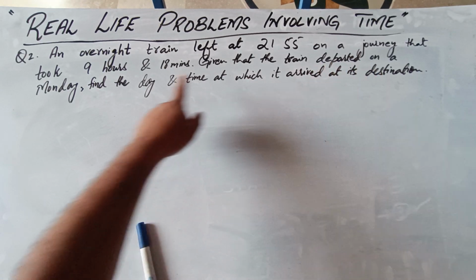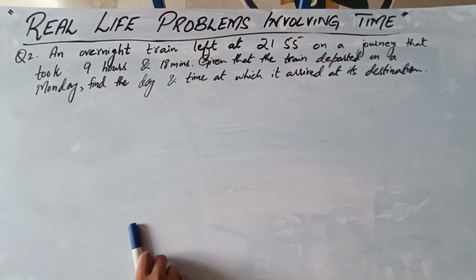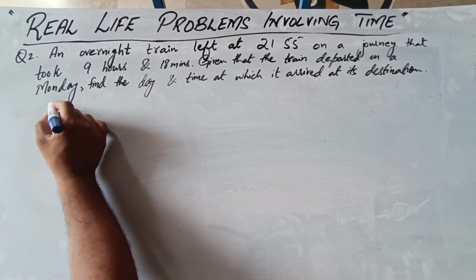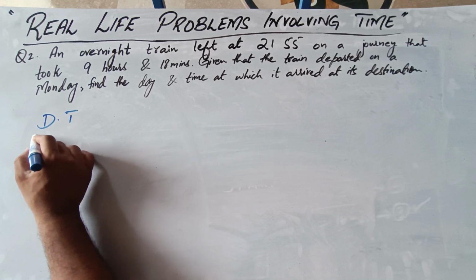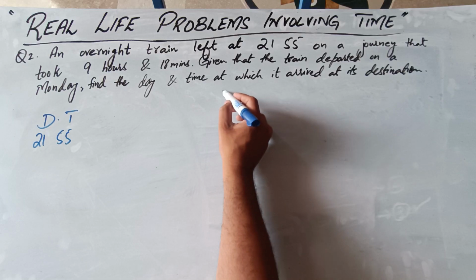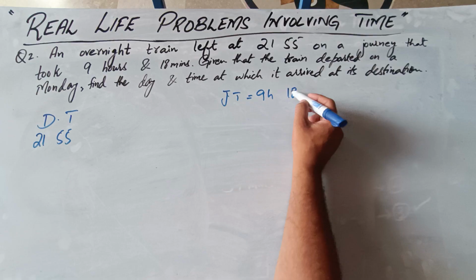On a journey that took 9 hours and 18 minutes, it means that journey time is given. So what is given, you can make the data as well. Departure time is given, which is 21:55, and journey time is also given, which is 9 hours and 18 minutes.